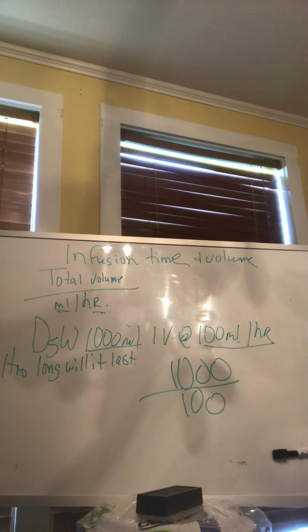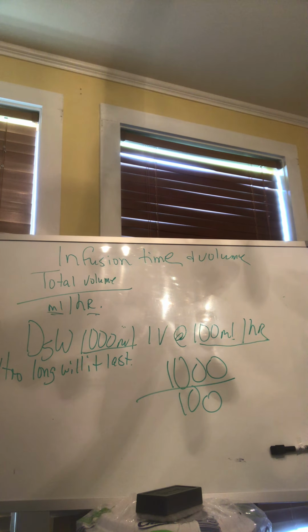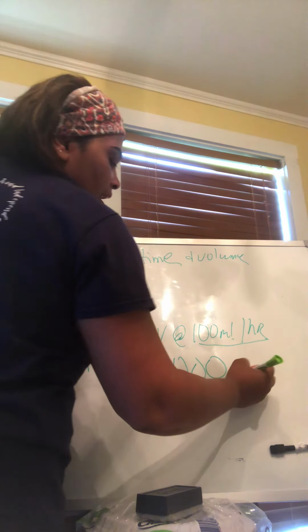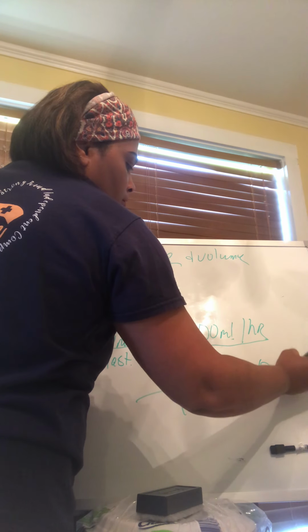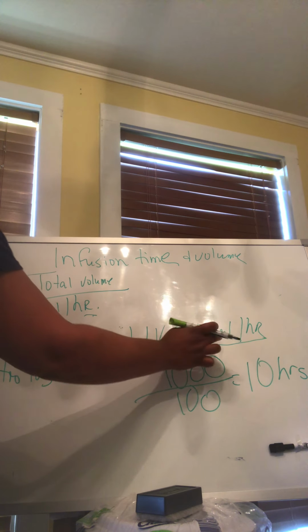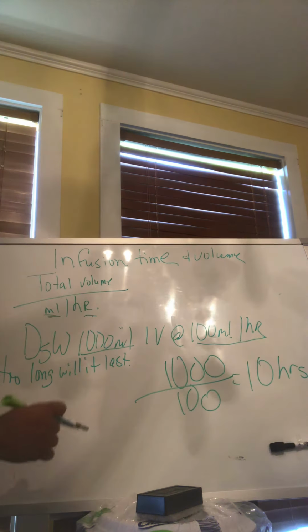And that's going to give us, if we plug in our calculators, 1,000 divided by 100 gives us 10. This will last 10 hours. So a 1,000 milliliter bag that's being run at 100 milliliters an hour will last 10 hours.